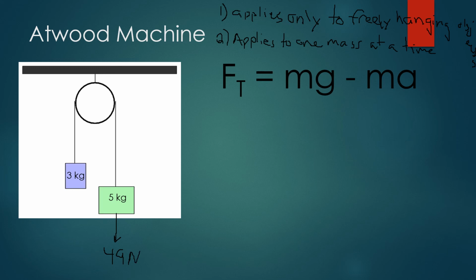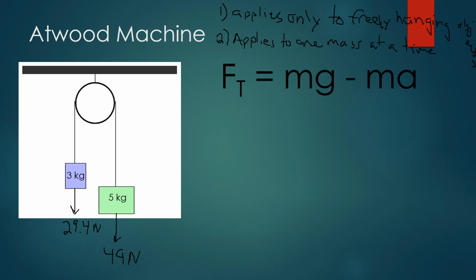So, what is gravity pulling on the 3 kilogram crate? 3 times negative 9.8, good. 29.4. Awesome. So that's what gravity's pulling. Gravity's pulling down those 2 boxes.